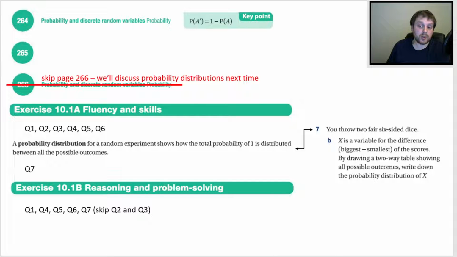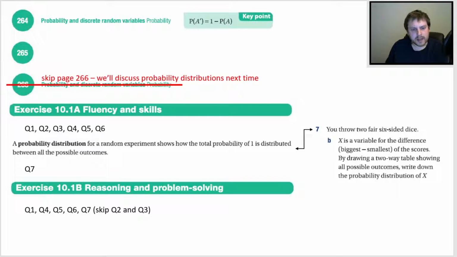It is just you drawing this two-way table showing all the possible outcomes, and then from that writing down for each outcome, you group them together and you write down what the probability for each outcome is. So one simple way of thinking about a probability distribution is you just write down all the outcomes that can happen and you write down the probabilities. That's it. So don't let that throw you off. We'll talk about that in more detail another time, but it shouldn't stop you from being able to answer question 7b from this exercise.